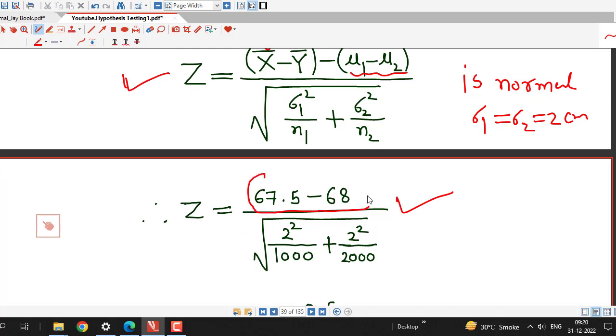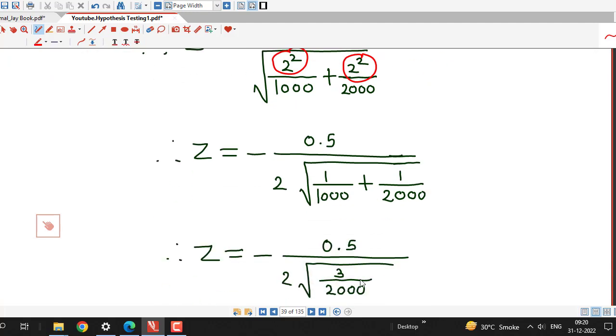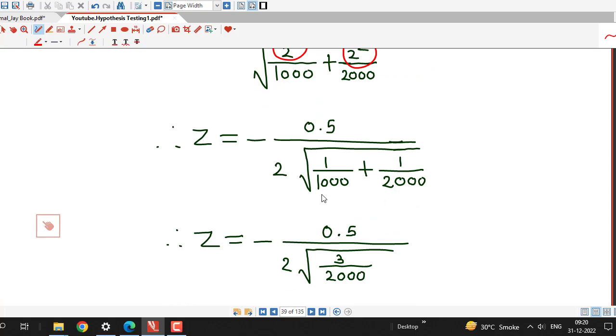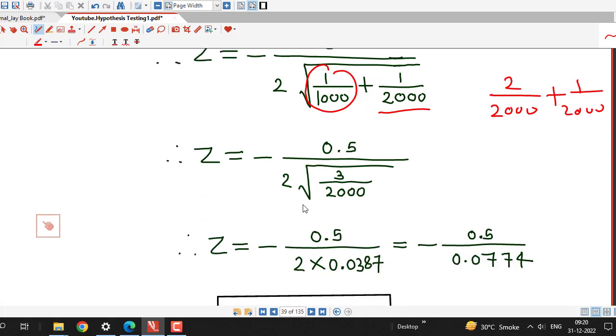So you can see this is going to be negative of 0.5. Here I can take 2 square common, and square root of 2 square is going to be 2. So that I have written here, and square root of 1 over 1000 plus 1 over 2000, and this I can rewrite as 2 over 2000 plus 1 over 2000, so that I write as 3 over 2000, and I find out this square root as 0.0387.